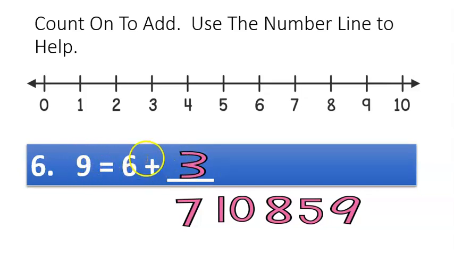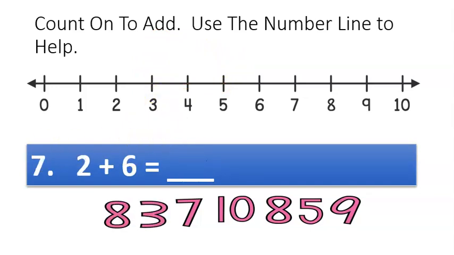Remember, when you're faced with this kind of equation, you're going to start at that first number, but this time you're going to go backwards based on what number's here, just like what we did. We started at 9 and Mr. Begay went back 6. 1, 2, 3, 4, 5, 6. And that gave us our answer here, 3.